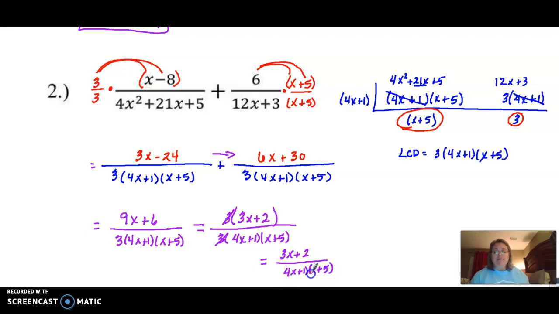There we go. And if you want to wrap the top in parentheses, you can always, it's better to have them and not need them than to not have them. Okay?